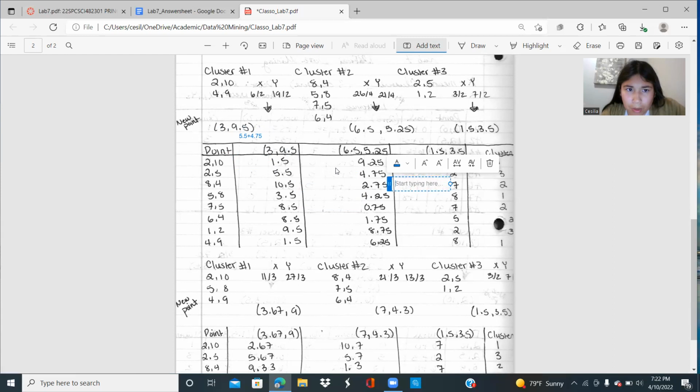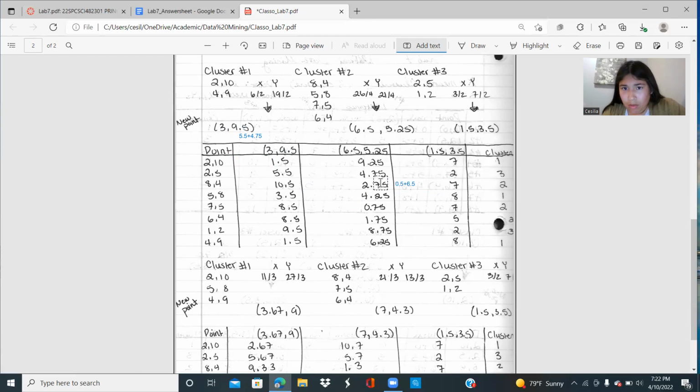We're still talking about this data set right here. So you're going to do 0.5 plus the difference between 3.5 and 10, which is 6.5, which gives you 7.